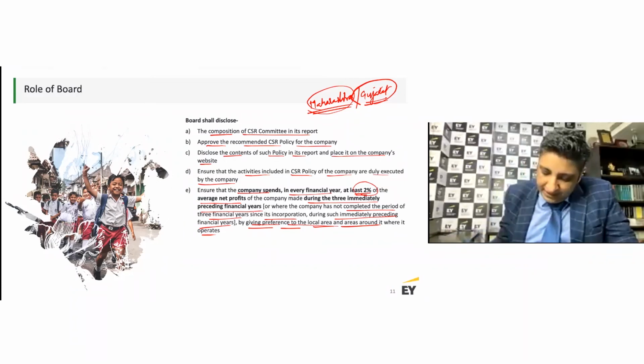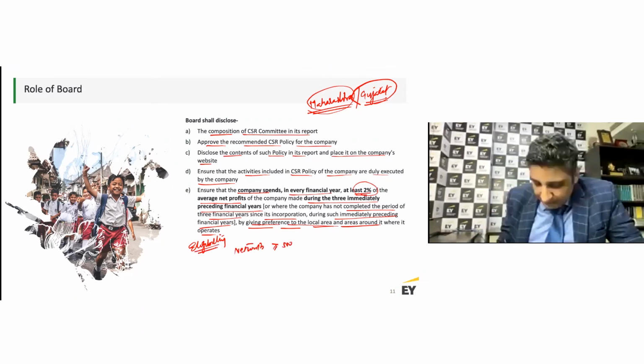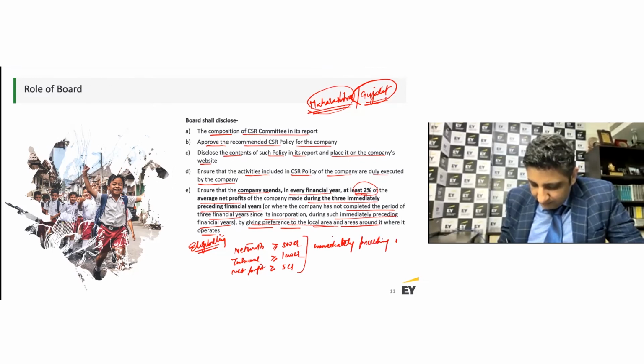Now, again, there are 2 benchmarks that you would remember. One is, of course, the eligibility part of it, where we said that your net worth is 500 crores, your turnover is 1000 crores, or your net profit is 5 crores in the immediately preceding financial year.